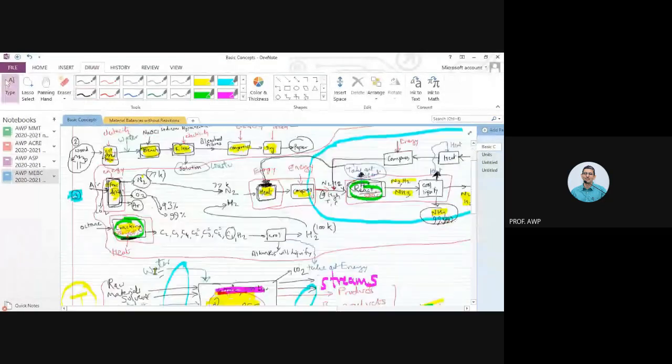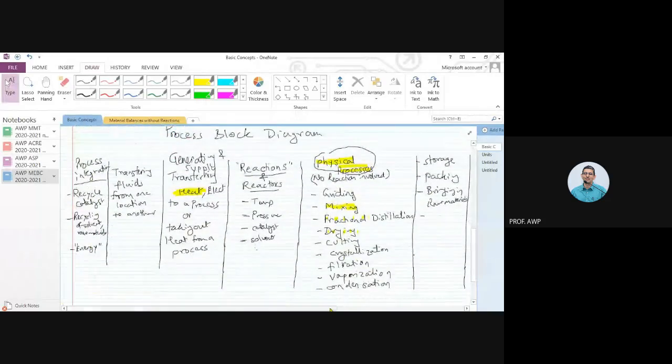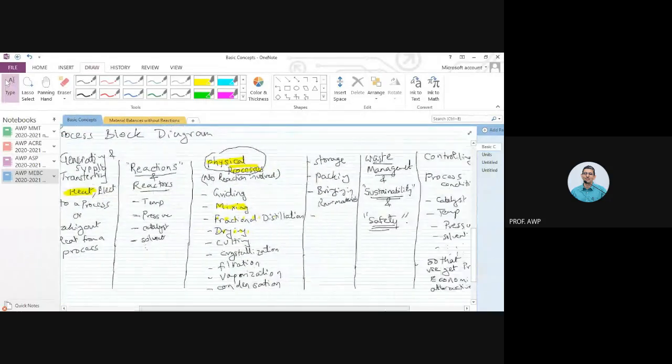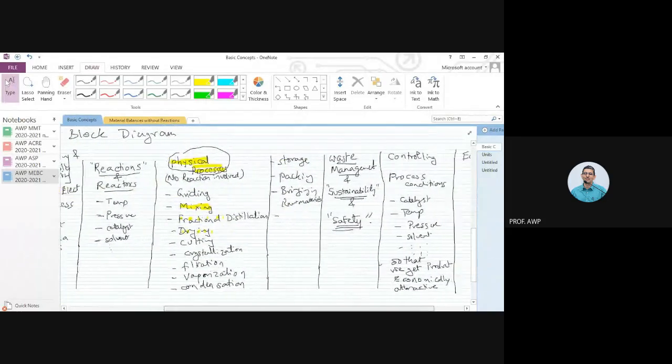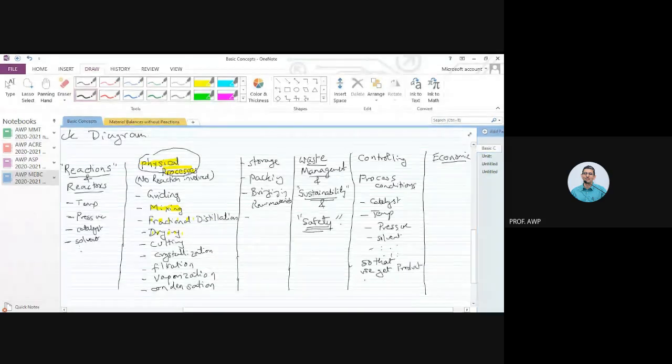So that all comes here. Product quality comes in internally into all this. We are controlling conditions, temperature, pressure, so that we can get an economically attractive product of a desired quality. Now that we have said economics as another category.